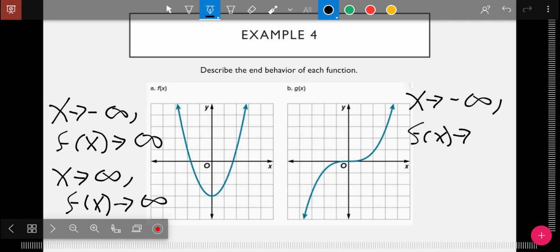Notice I can write a lot of this in before I even look at the graph. I know this is how I'm going to write it. So it's just as it goes left, what is f of x doing? As it goes left, it's going down. As it goes right, what's it doing? F of x is going up.